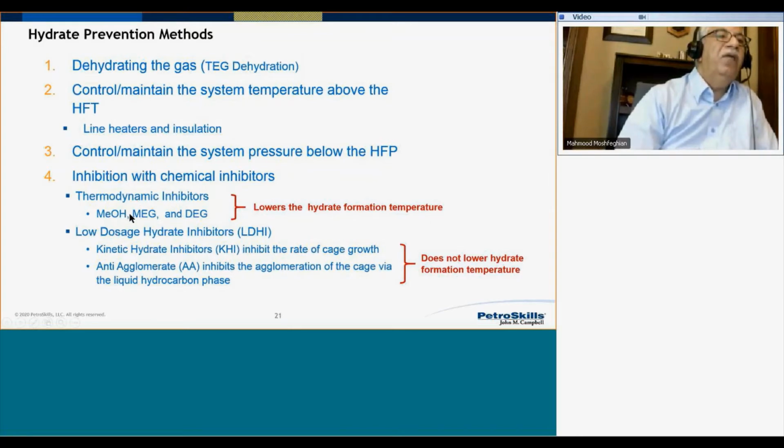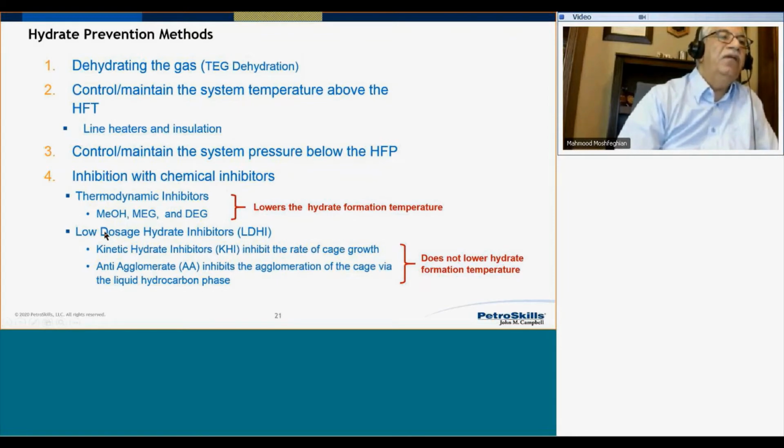These are the two common ones, and sometimes, but not very often, we may use diethylene glycol. And of course, there is another glycol, TEG. We use that for absorption dehydration. We don't use this one for hydrate inhibition. This is just used for dehydration. But MEG is normally used for hydrate inhibition.